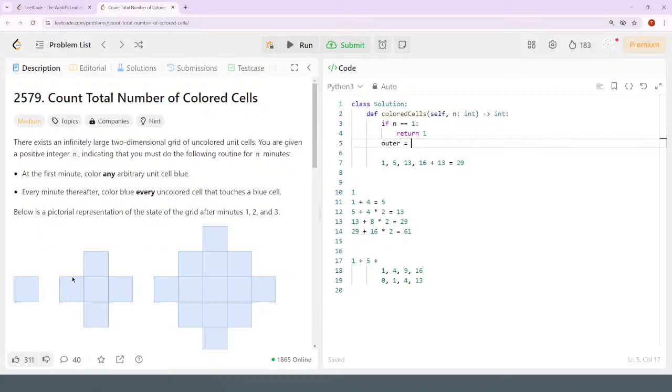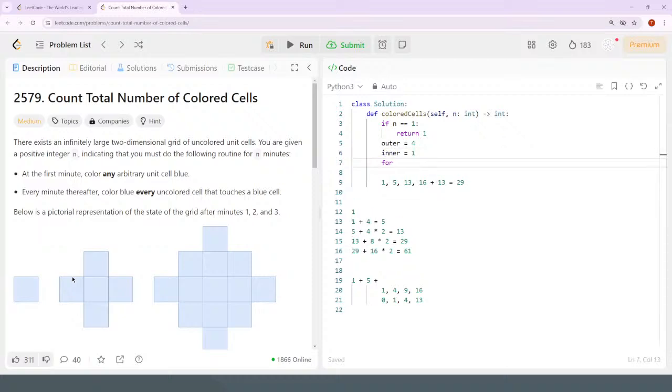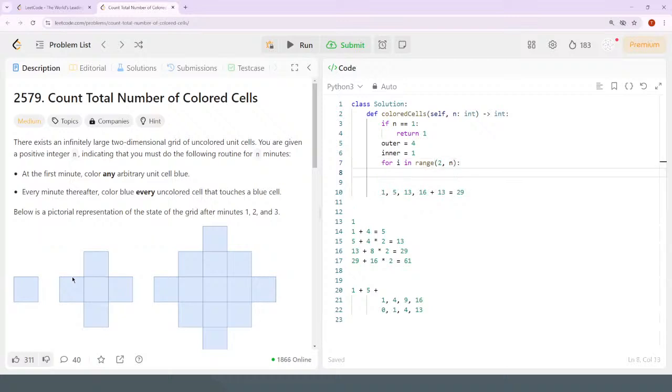Outer equals, let's say n is 2 at least, so outer equals 4, inner equals 1, for i in range of 2 to n. So if n is 1, then you want to do this 0 times.